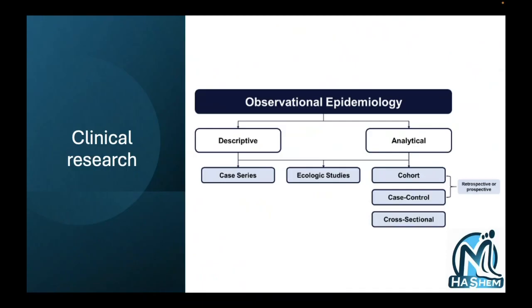So I do an analytic study, but it's still observational. I just go to a cohort of patients with lung carcinoma, and I go back and look into the causes which cause the lung carcinoma. Is it common in male or female? Is it common in a certain age? And this is how I do a cohort study.